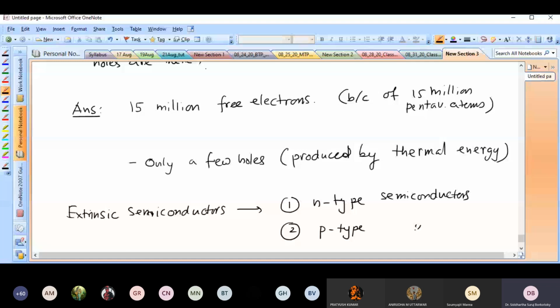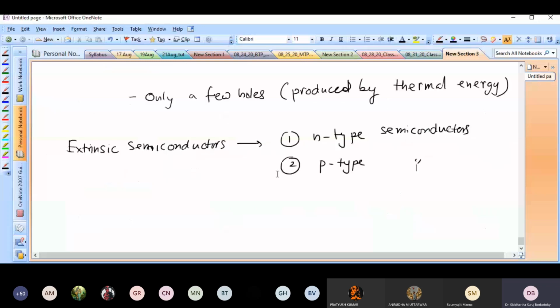What is an N-type semiconductor? An N-type semiconductor is the one that we were talking about just now. It is a semiconductor where you have doped a silicon crystal with a pentavalent impurity.